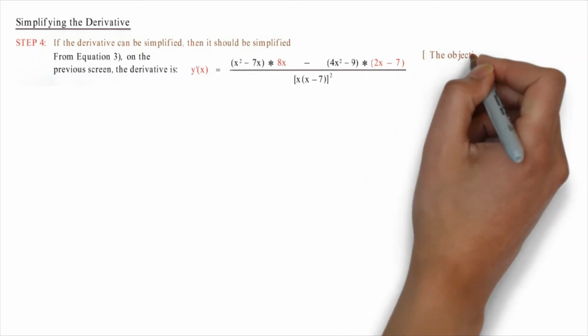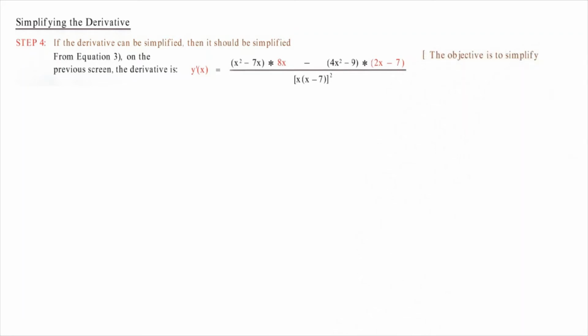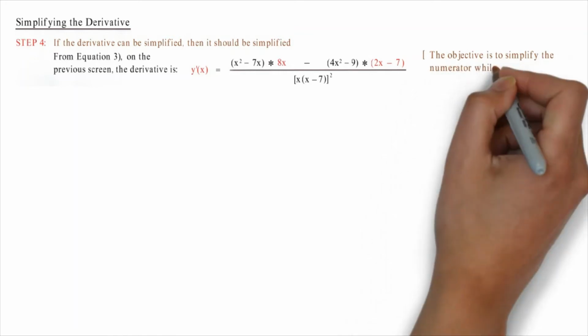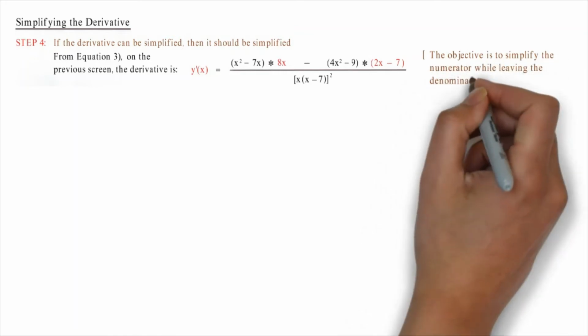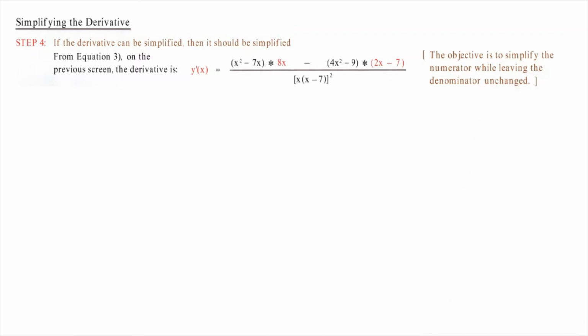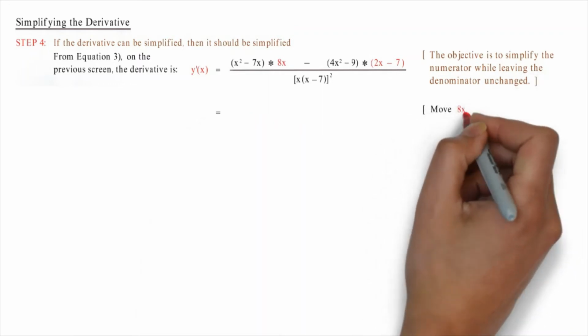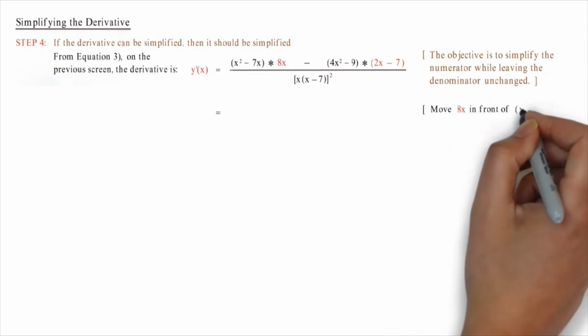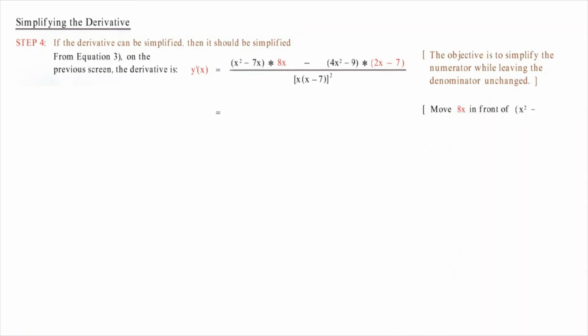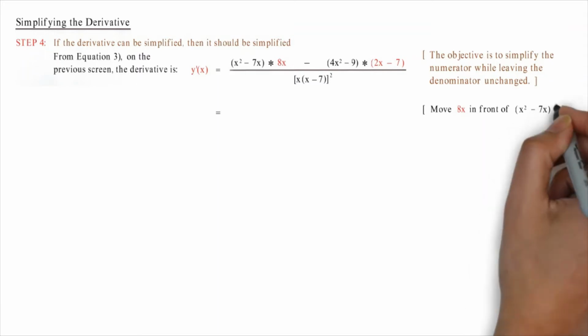The objective is to simplify the numerator while leaving the denominator unchanged. Equals. Move 8x in front of x squared minus 7x.